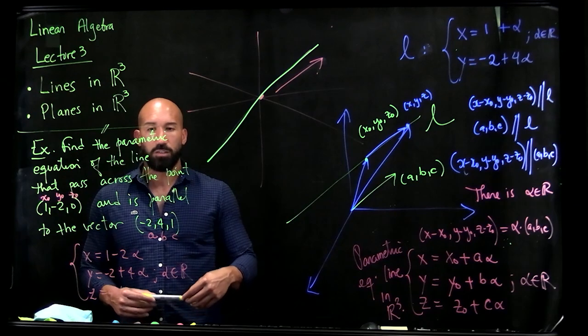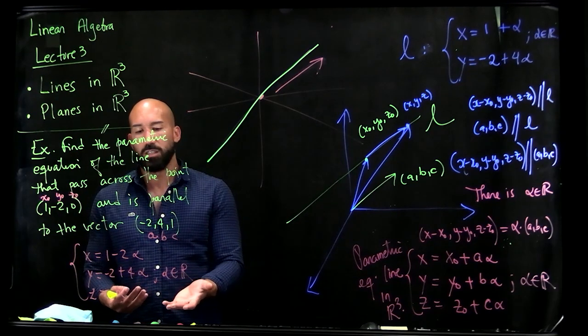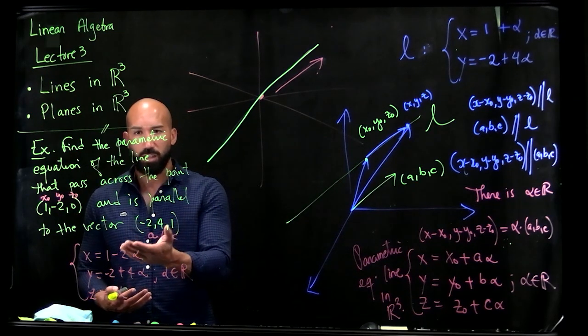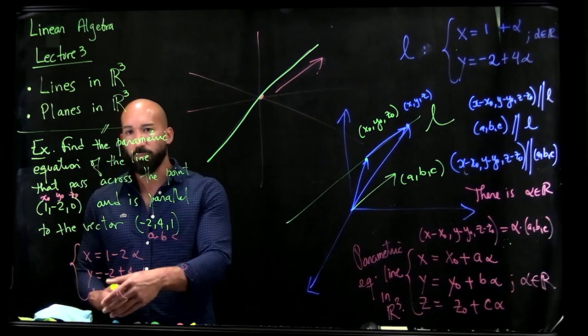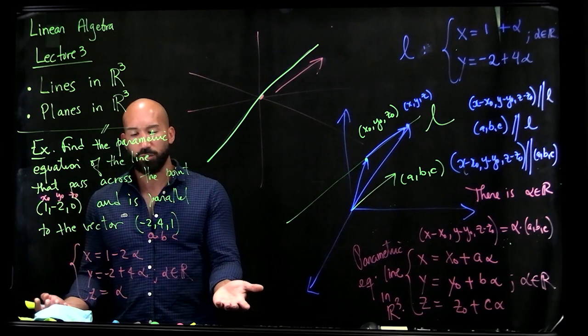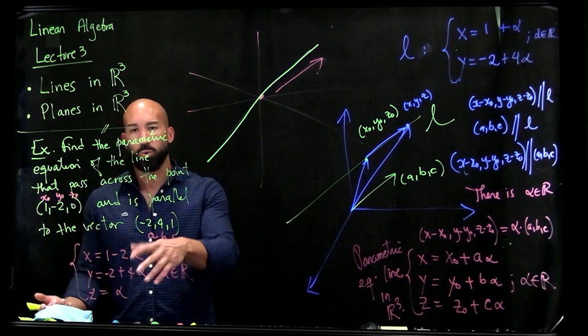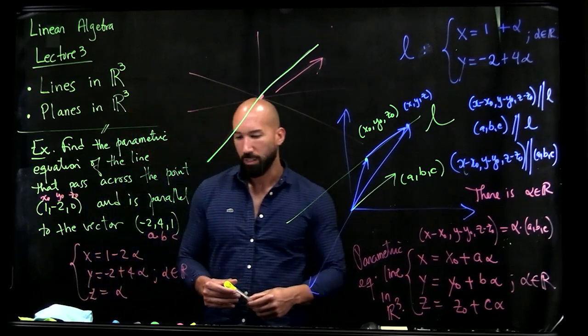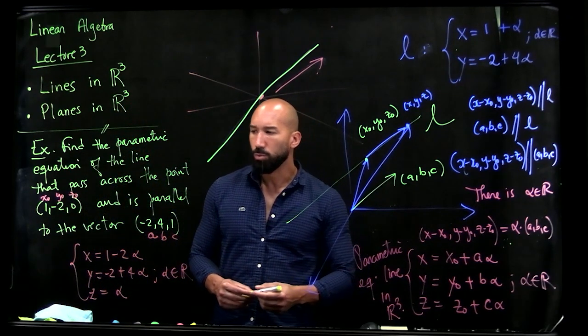If we can find such an alpha, the answer is going to be yes for that given point. If we cannot find such an alpha, the answer is going to be no, that point is not on the line. Is that good?